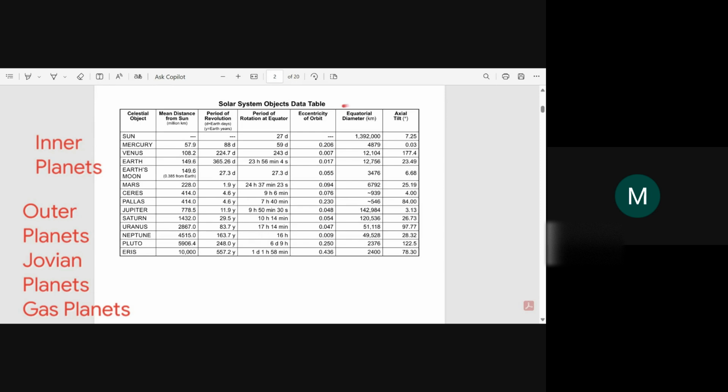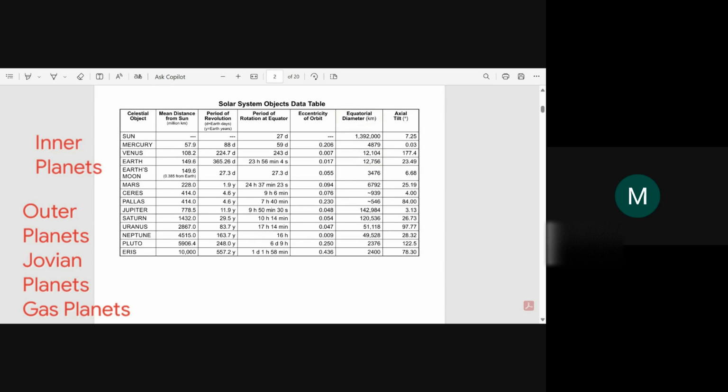Then you have the equatorial diameter, which is basically the width of the planet at its equator, how wide the planet is. A couple of things to be mindful of: Venus and Earth have a very similar equatorial diameter. That's why Venus is considered Earth's sister planet.